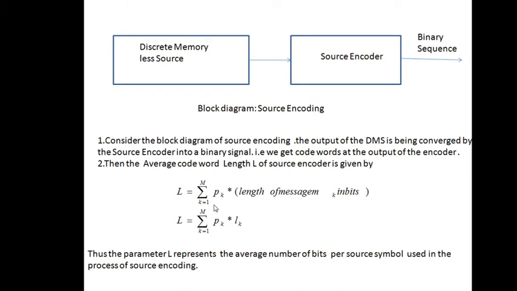So the average code word length is the summation k equal to 1 up to m of pk into lk.